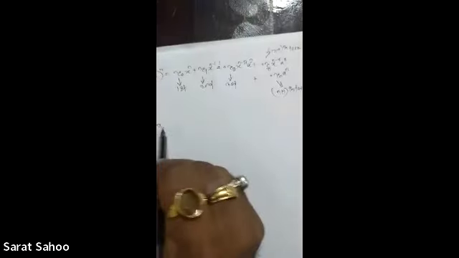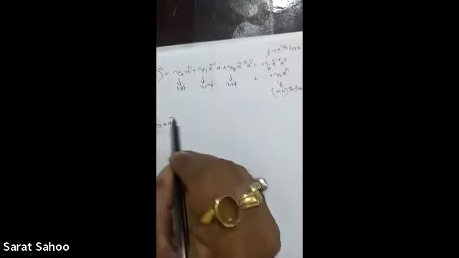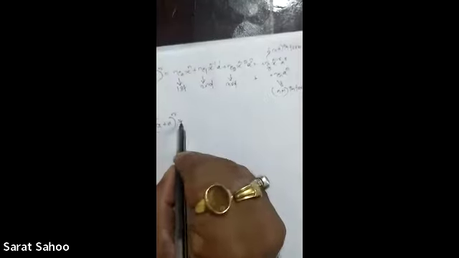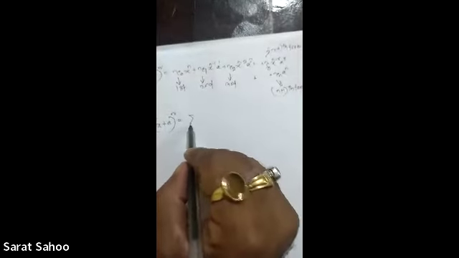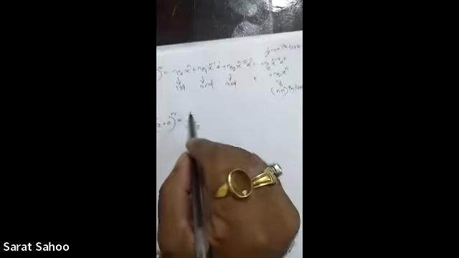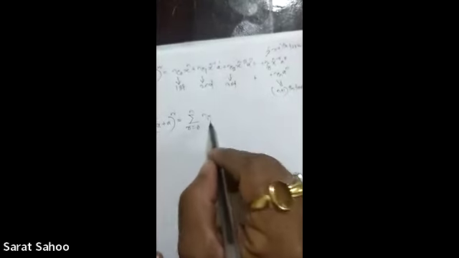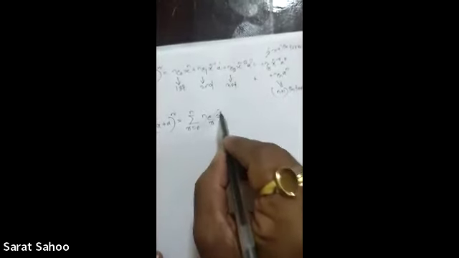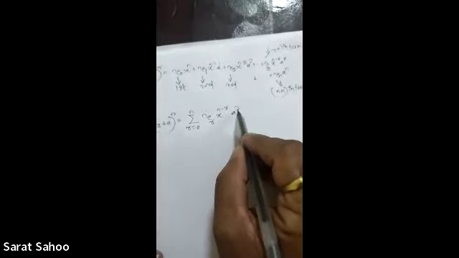Clear? In summation form, this expansion is written as (x + a) to the power n is equal to sigma r equal to 0 to n of nCr x to the power n minus r a to the power r. If you take r equal to 0, you will get the first term, that will be nC0 x to the power n.